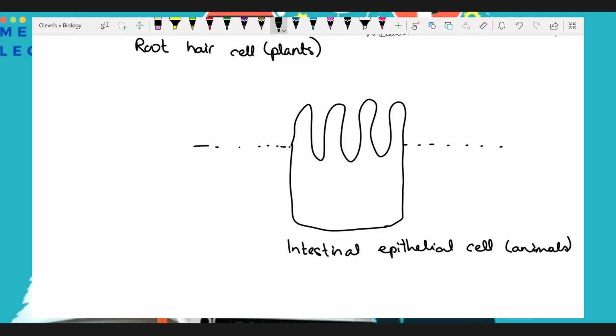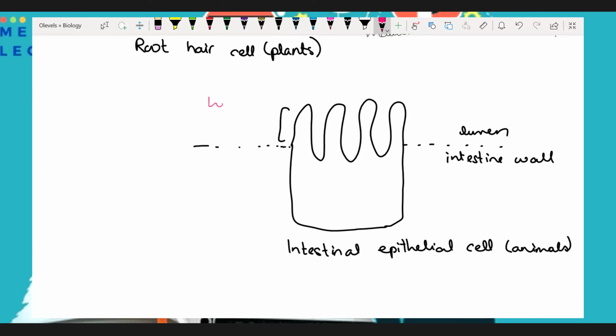Right, students? So this is the lumen. These are the walls of the intestines. And you can see now this area. So what is it?